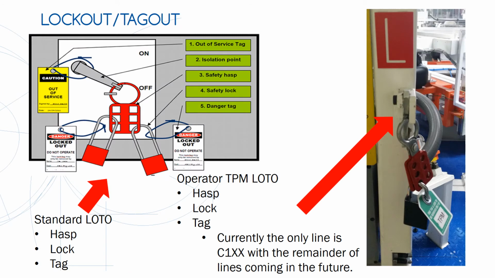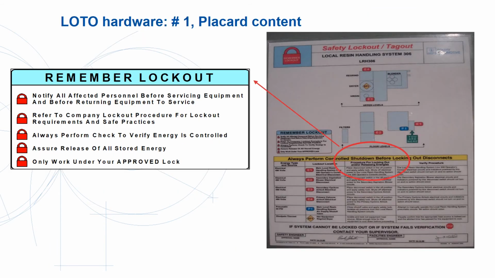Proper lockout tagout, the machine in the off position, a hasp, a lock, and a tag. Lockout tagout placard. This is basically a roadmap on how to properly shut down the stored energies on the equipment.